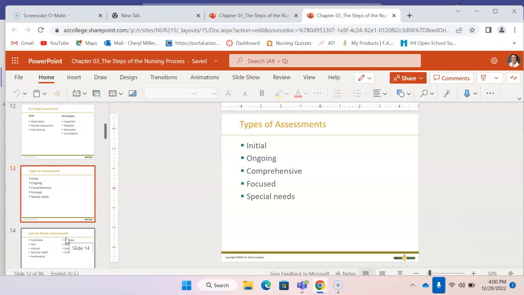Then, if your facility says that you need to do an assessment once a shift, or you see something changing and you want to do another assessment to document the changes, you're doing an ongoing assessment. When we do vital signs at 12, 4, 8, those are ongoing assessments, continual assessments. A comprehensive assessment is full head to toe. Think about that as a sports physical.